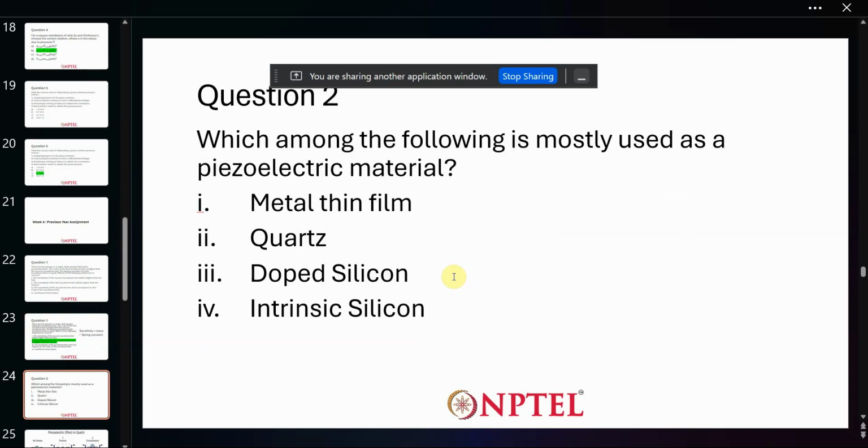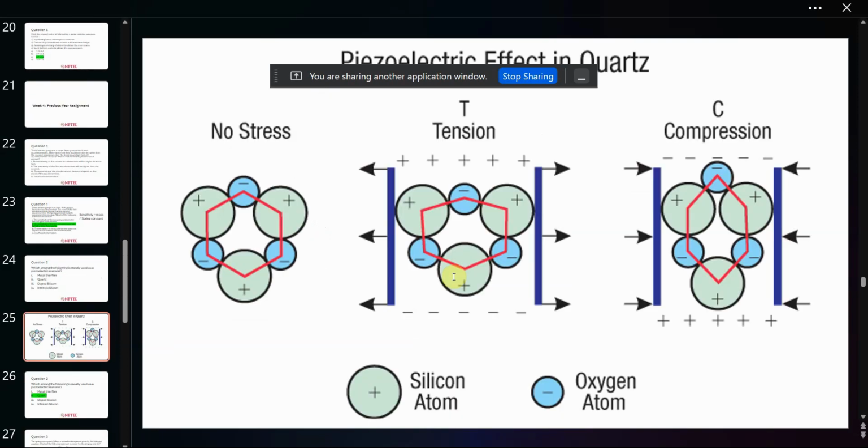The second question: which of the following is used as a piezoelectric material? Metal thin film, quartz, doped silicon, intrinsic silicon. Piezoelectric materials derive their property from the crystal structure. When they are applied with tension or compression, the crystal structure changes and a potential is developed in the system.